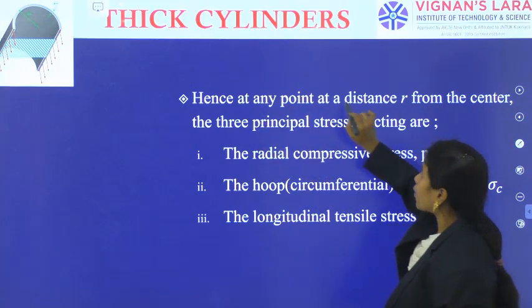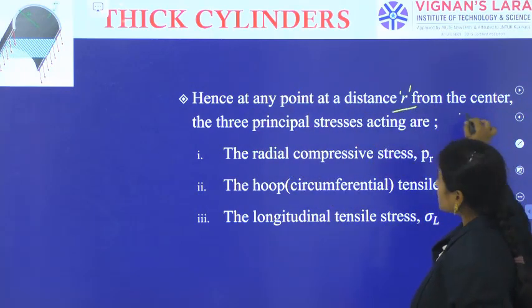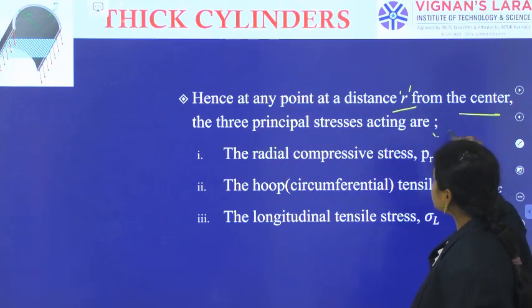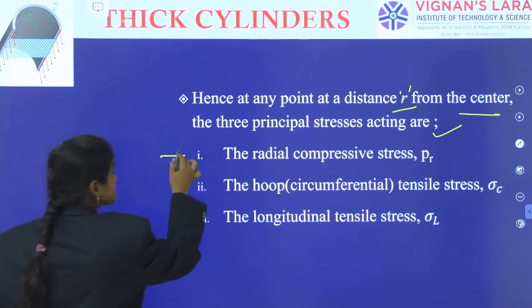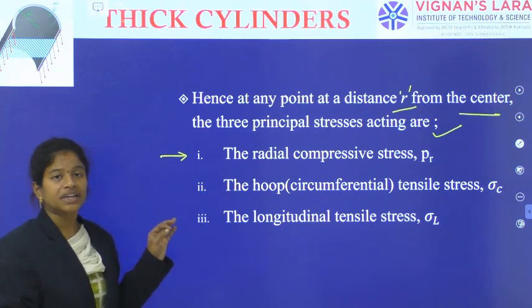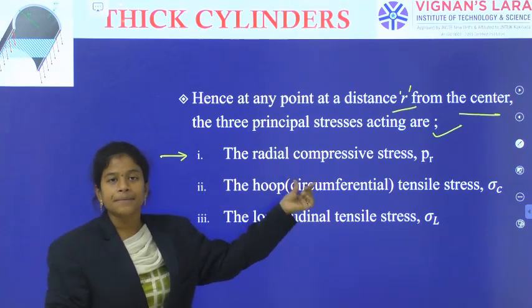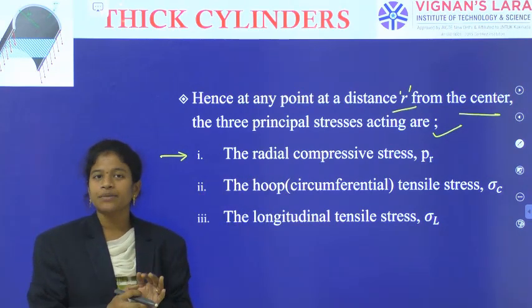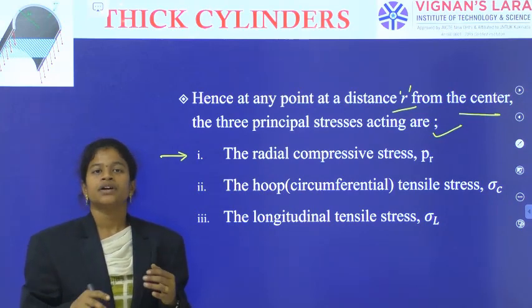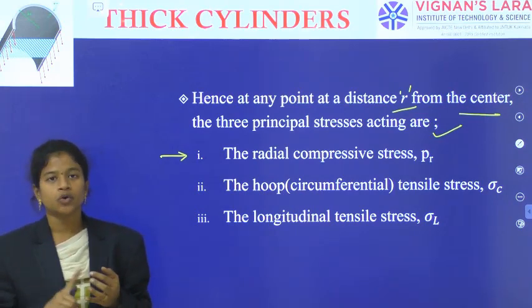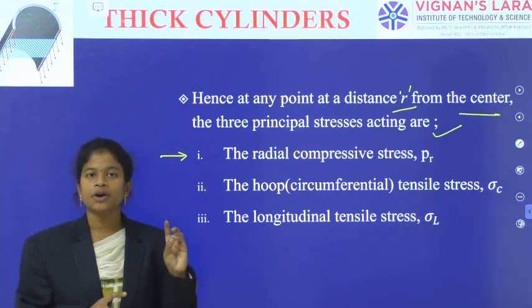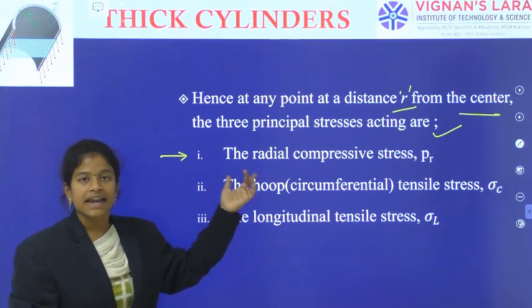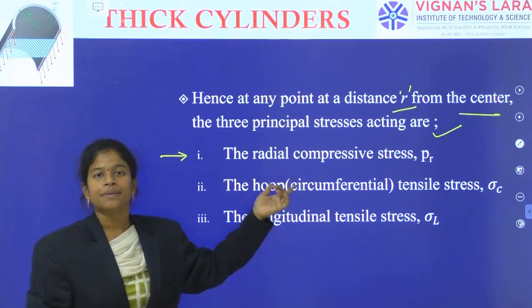Hence at any point at a distance r from the center, the principal stresses acting on the particular element or ring are, first and foremost, the radial compressive stress. I am repeatedly using the words so that you can remember. Then the circumferential stress or hoop stress, and also the longitudinal stress. These two will always be tensile, and the radial pressure is always compressive in nature.